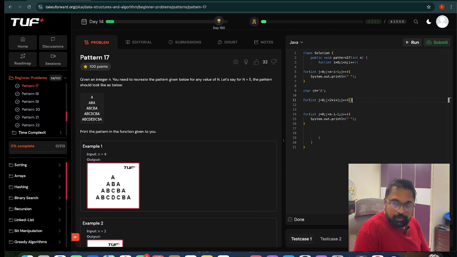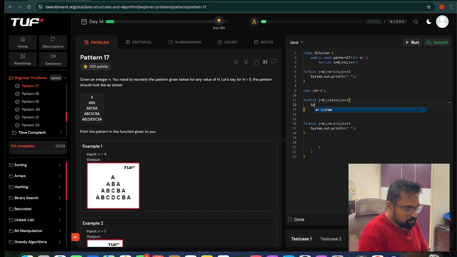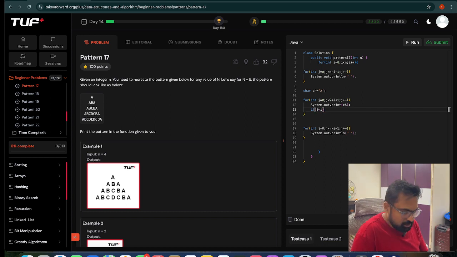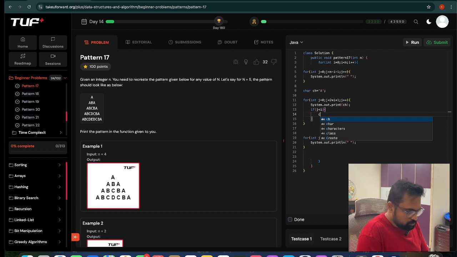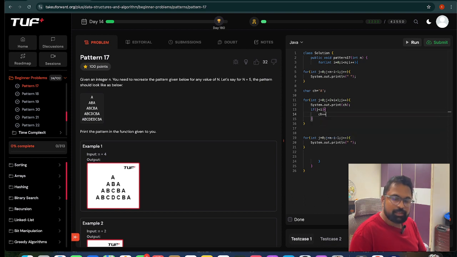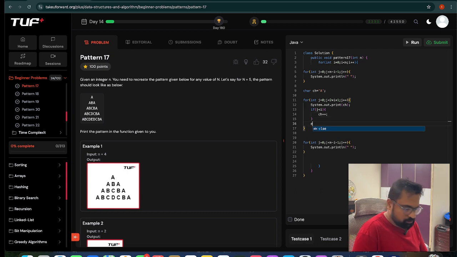We'll first print ch with System.out.print. Then if j is less than i, we'll do ch plus plus, otherwise in the else condition we'll do ch minus minus.